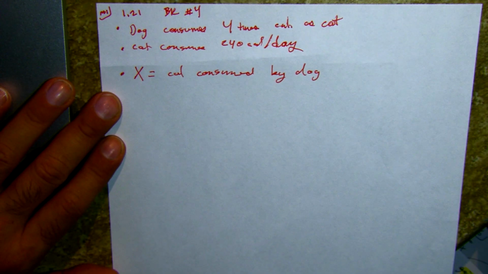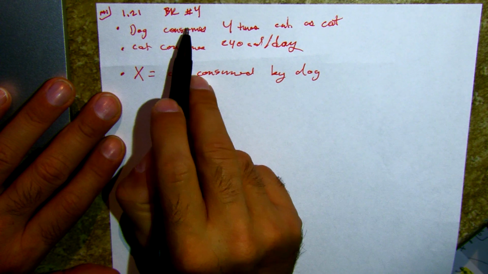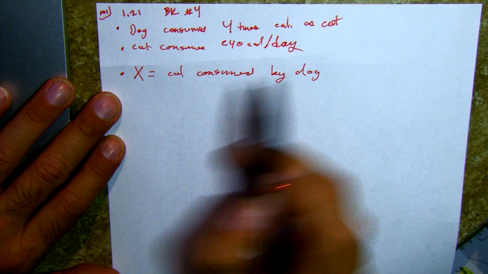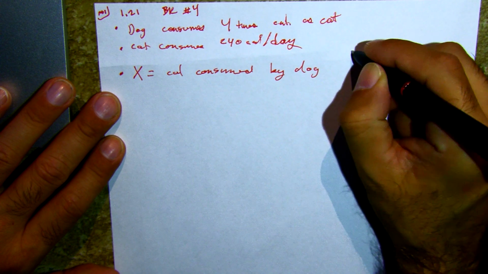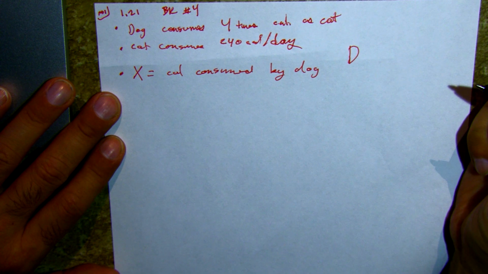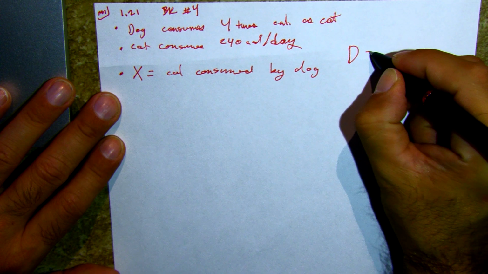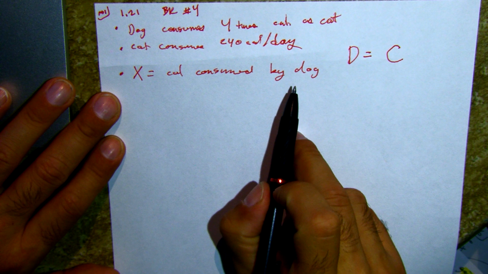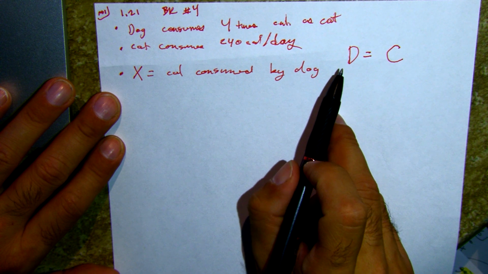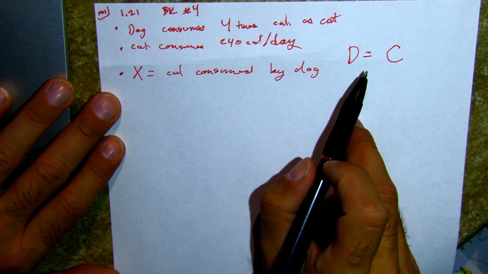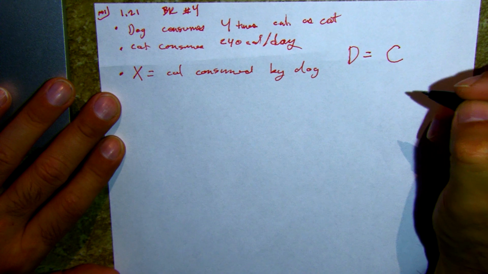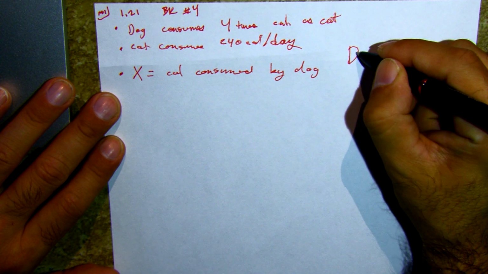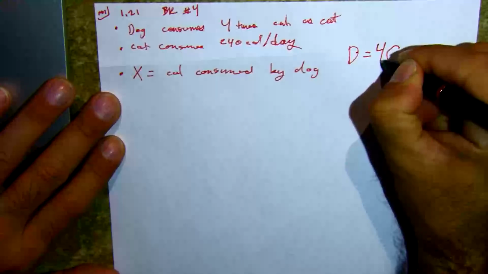Okay, the dog consumes 4 times the calories as the cat. So if I were to write this as D as in dog, if this is caloric intake and this is the cat, we're going to put that the dog consumes whatever the cat consumes times 4.